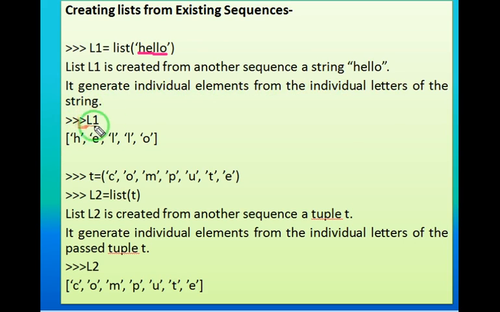When you type L1, it will display HELLO as separate individual elements. H will have index number 0, E will have index number 1, this L will have index number 2, the next L will have index number 3, and this O will have index number 4.